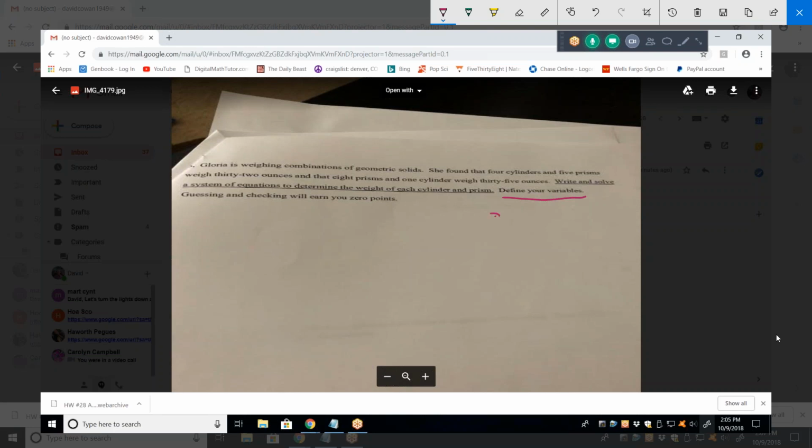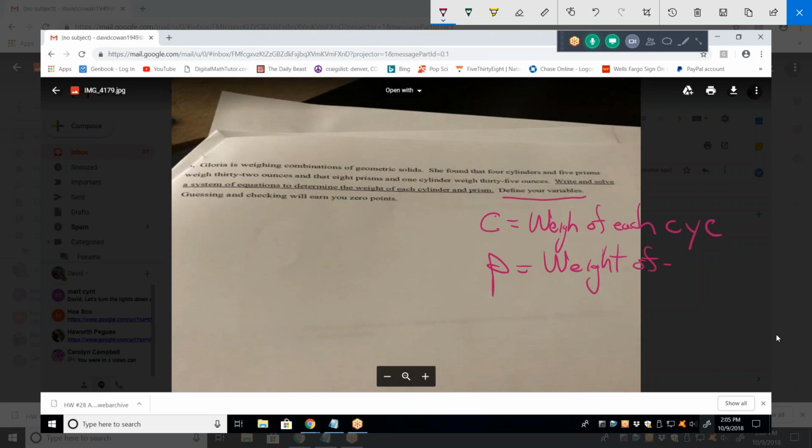How about this? C equals the weight of each cylinder. In other words, you don't have to use X and Y. You can use letters. What should we use for the prisms? P. Now, do I have to spell it out like this? And the answer is yes.